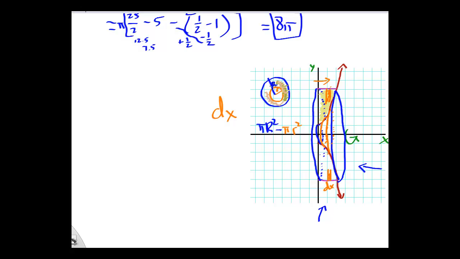So we're going to stack an infinite set of these rings. The smallest ring has a radius of 1 on the inside, and always has the same big R on the outside. The biggest ring has 0 radius. Excuse me, I should say the biggest ring or the biggest washer is down over here, and the smallest one has an area of 0 at the x value of 2.